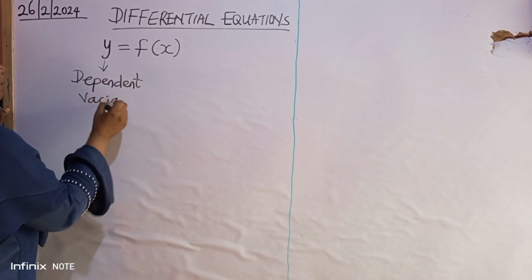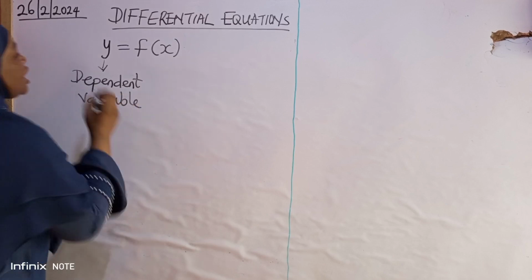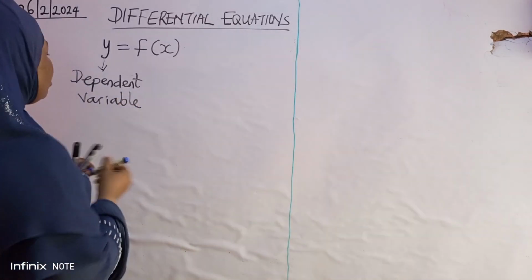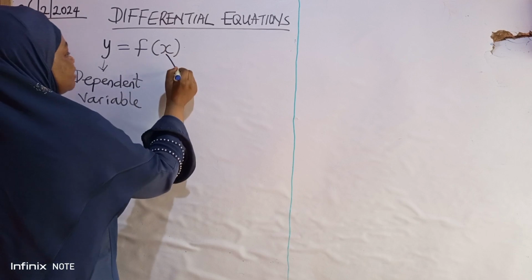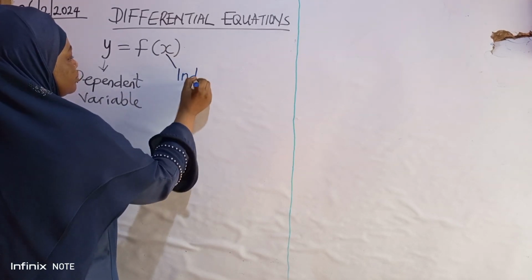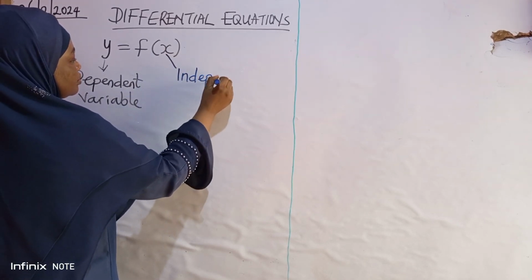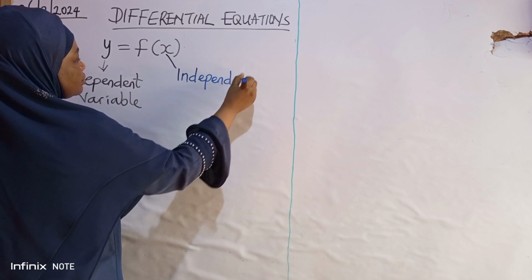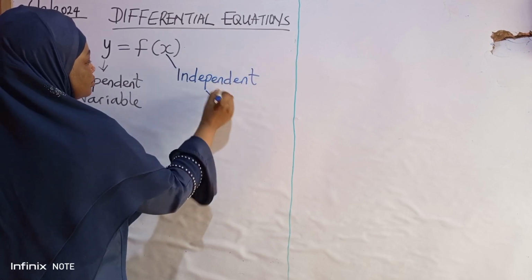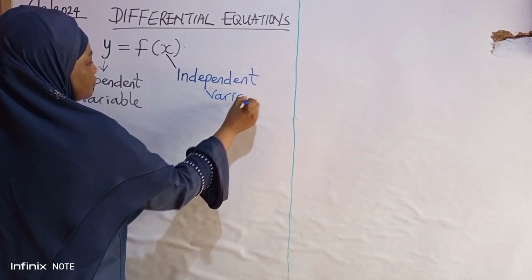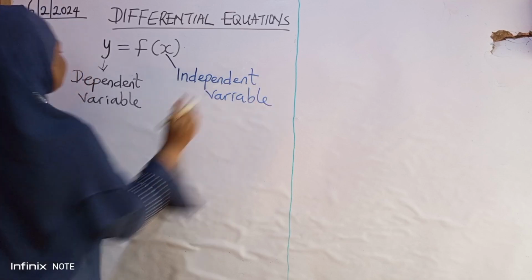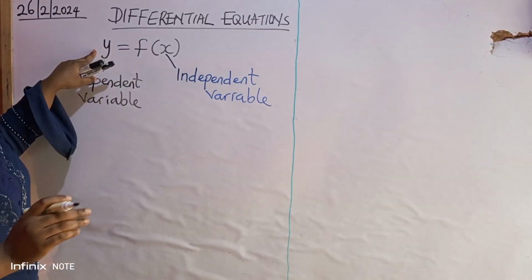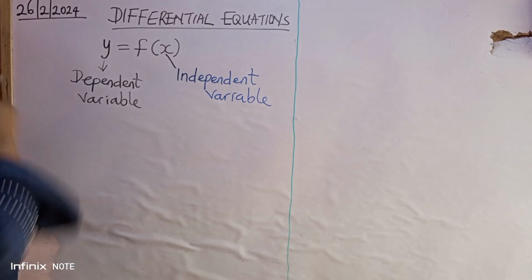So that's the expected outcome. And x is called independent variable. So that means without x, y cannot stand alone.